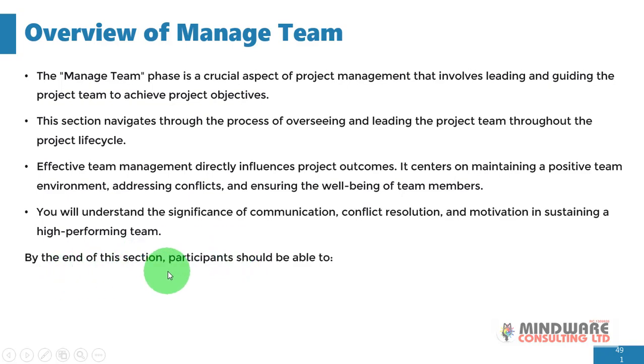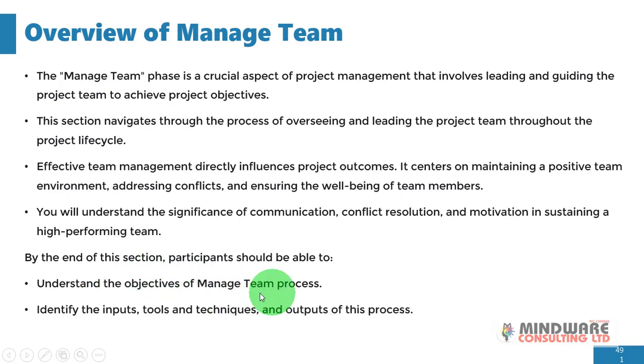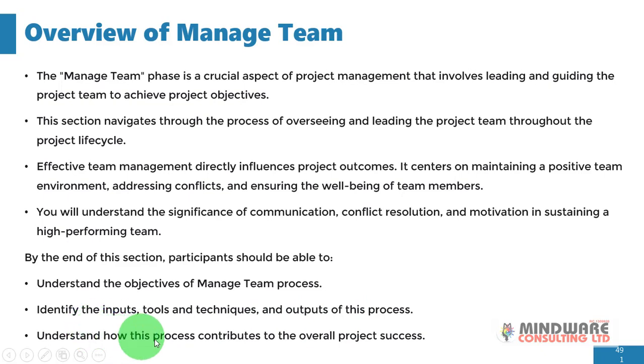Now, by the end of this section, you should be able to understand the objectives of the manage team process, identify the inputs, tools and techniques, and the outputs of this process. You'll also understand how this process contributes to the overall success of your project. Okay, so that's an overview. Let's hit the road.